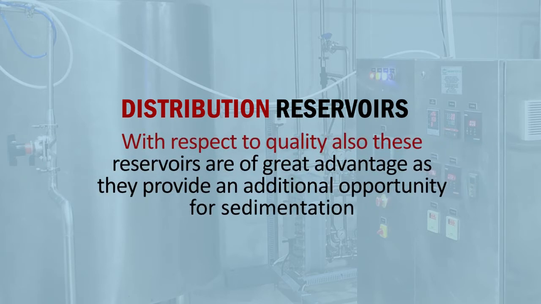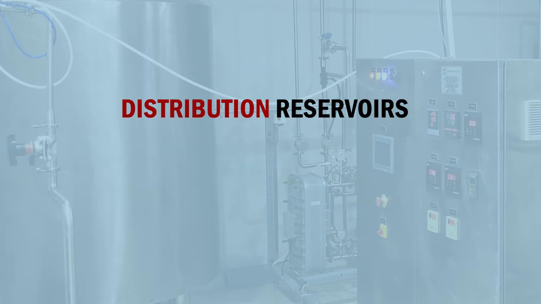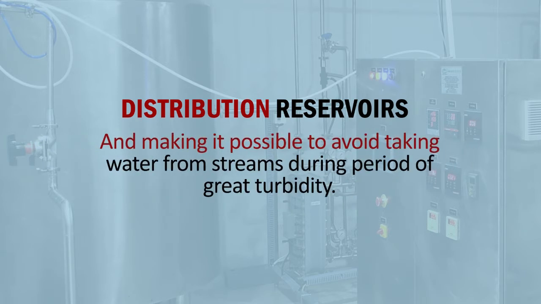With respect to quality, these reservoirs are of great advantage as they provide an additional opportunity for sedimentation, making it possible to avoid taking water from streams during periods of great turbidity.